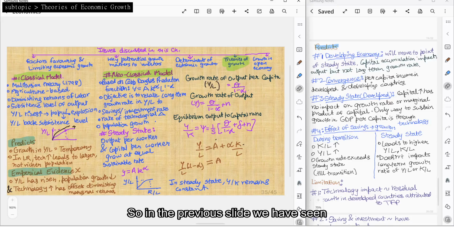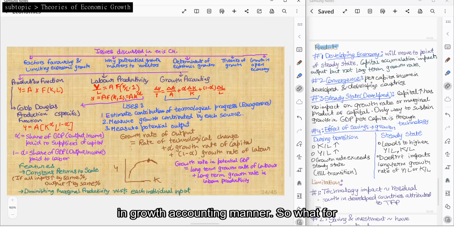In the previous slide we have seen the simple Cobb-Douglas production function could also be expressed in growth accounting manner. So for this labor productivity function we could also express it in growth accounting manner. This would look something like this.